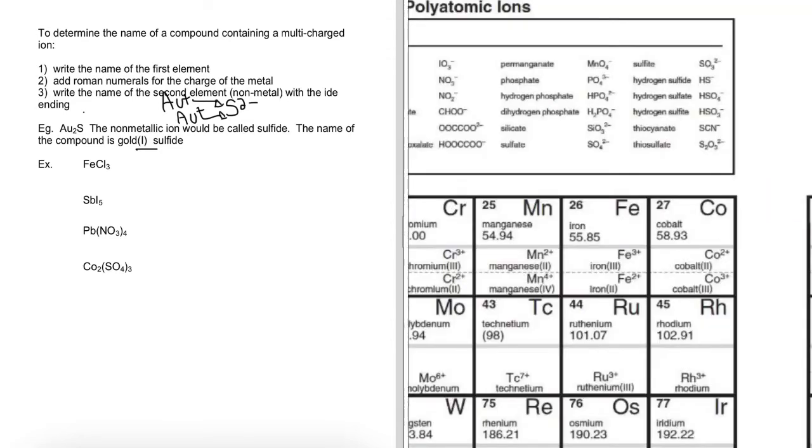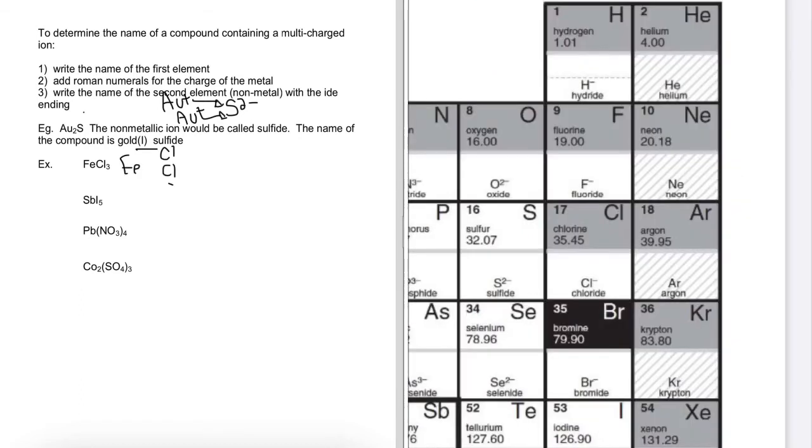For example, here we have FeCl3. I recommend writing this out. Maybe I can do it just on the side here. I'm going to try to write small. We have 1 Fe, and we have Cl, Cl, Cl. We know those are all negatives, so that must mean that the Fe is a 3 positive.